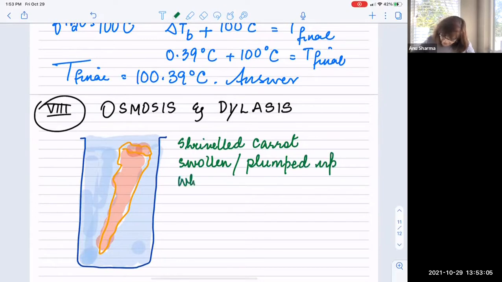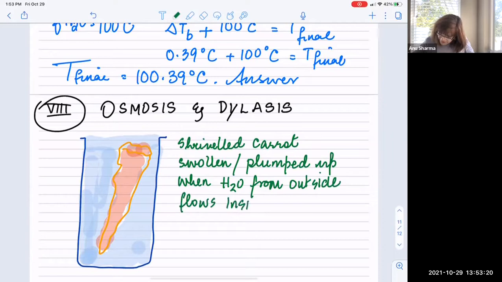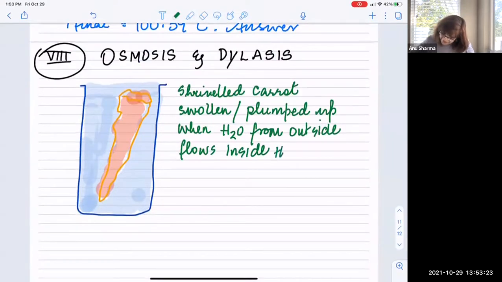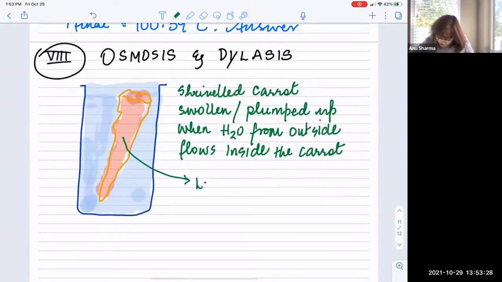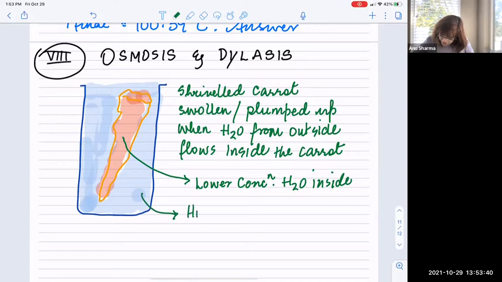Okay, water from outside flows inside the carrot. So lower concentration of water inside, higher concentration of water outside.